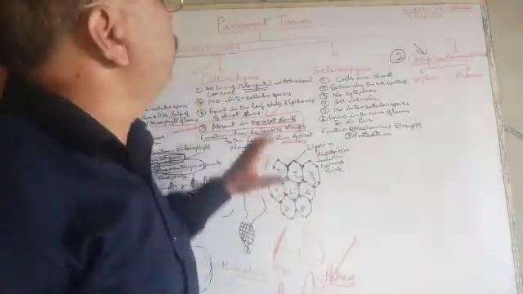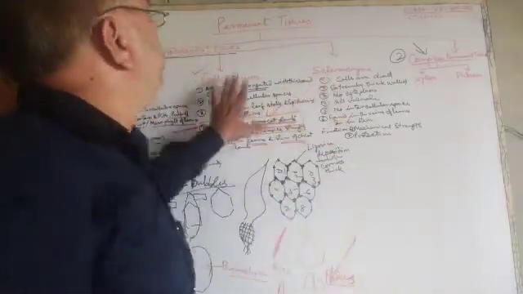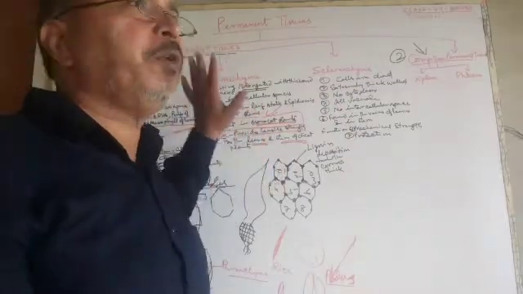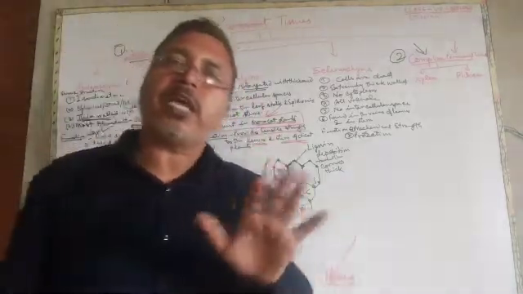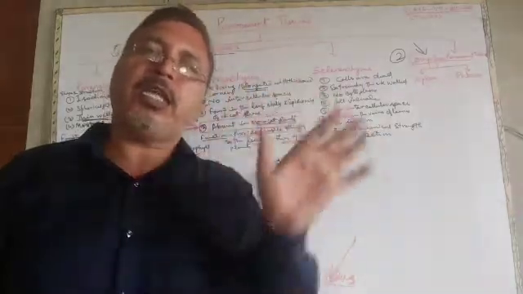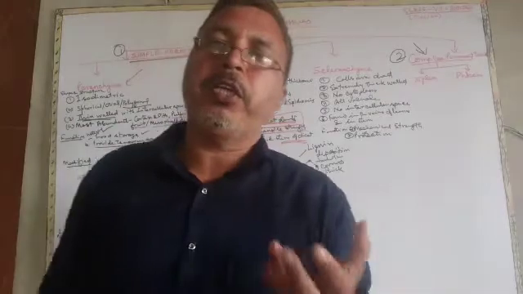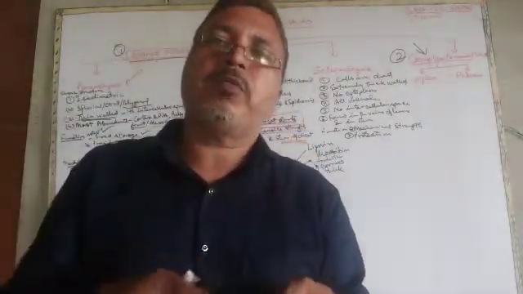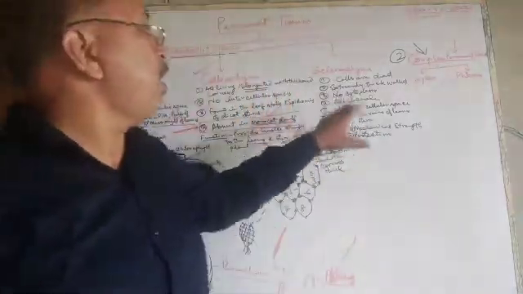Clear? Now we will come to sclerenchyma, that is the third kind of simple permanent tissue. Here what happens is that when these cells finish their lifespan, they become dead. Once they become dead, that means they don't have any cytoplasm inside the cell. As you have read about the beginning of cells, what Robert Hooke observed in the cork cell were only small holes, small cavities inside the cell.